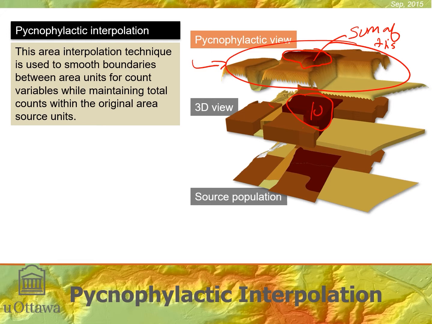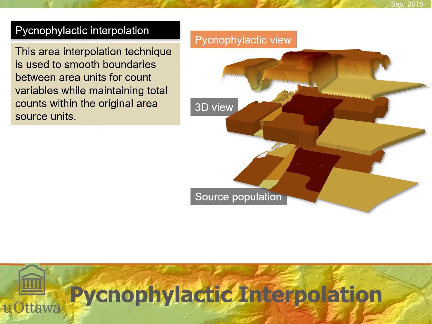So if there was 10 here, you'll still get 10 here within the boundaries, even though the boundaries at the edges are no longer sharp and they bleed or gradually change into the next polygon. And so it's called pycnophylactic interpolation because it's volume preserving at the polygon level and, of course, at the level of the entire map as well.